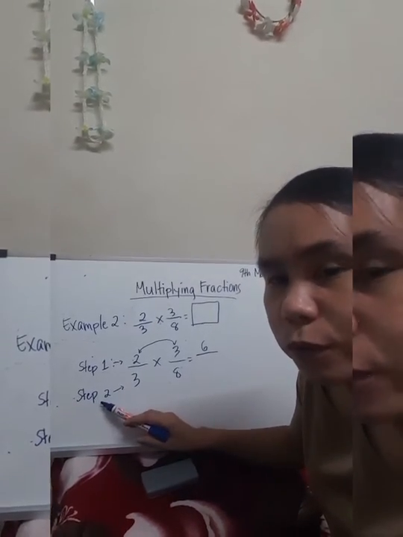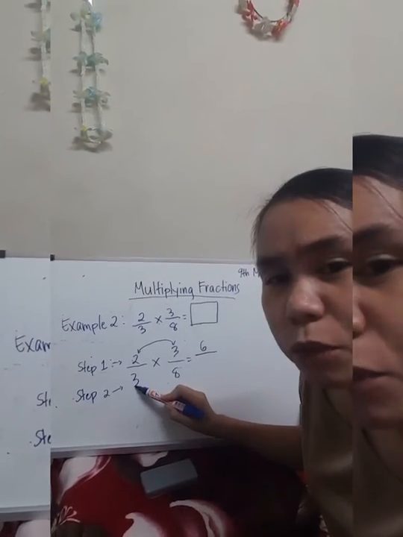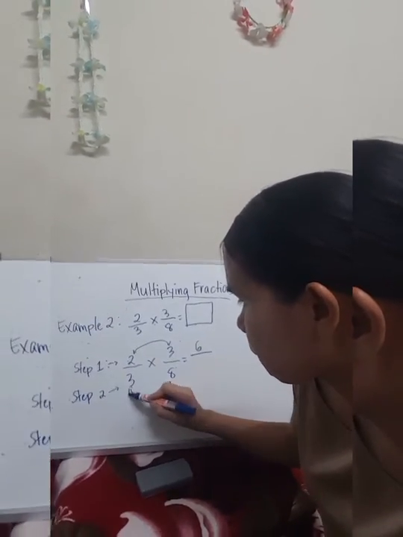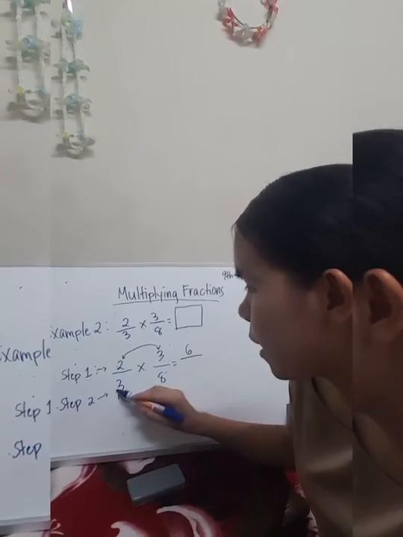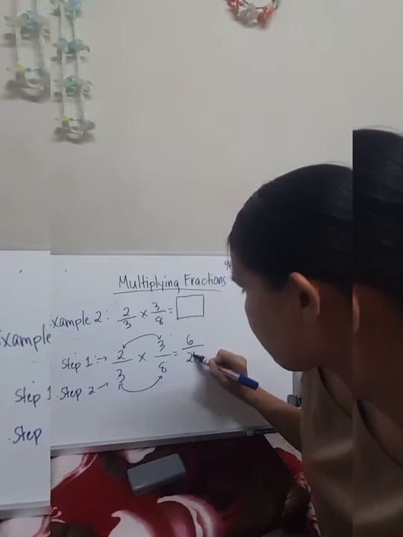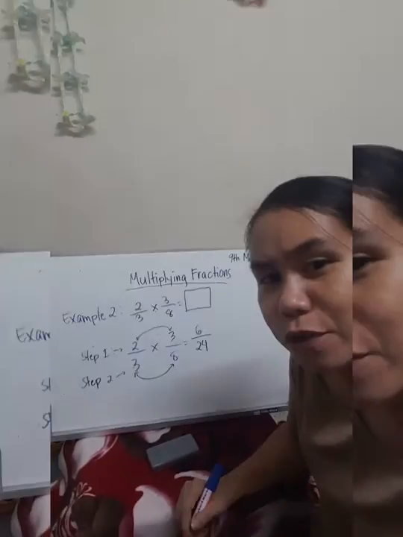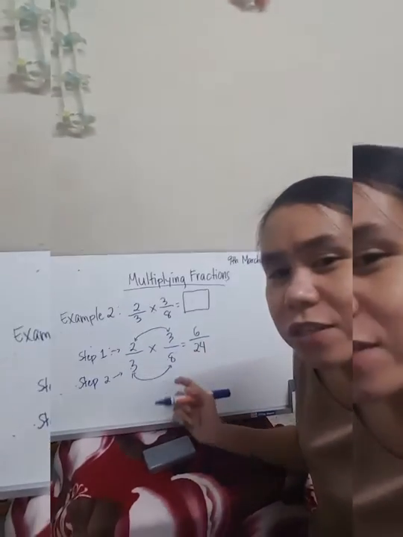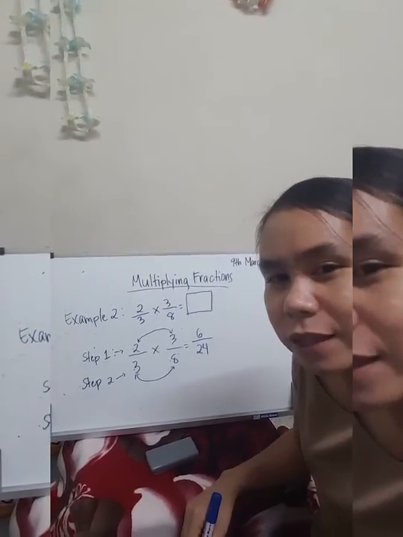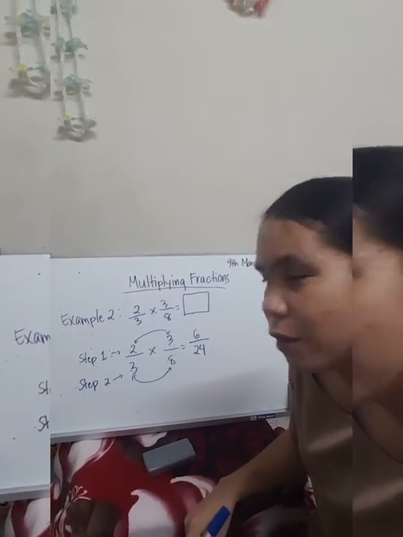Step 2, multiplying denominator by the denominator. So 3 times 8 is 24. Do you think the answer is already in the simplest form, the same as in our example number 1?